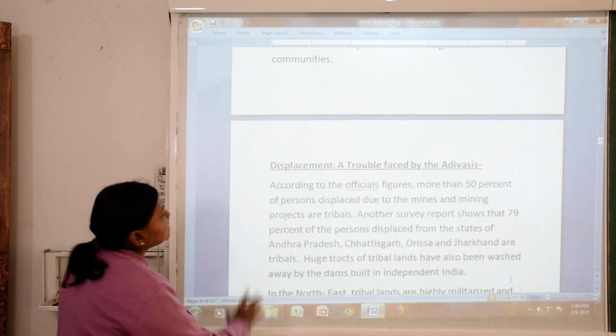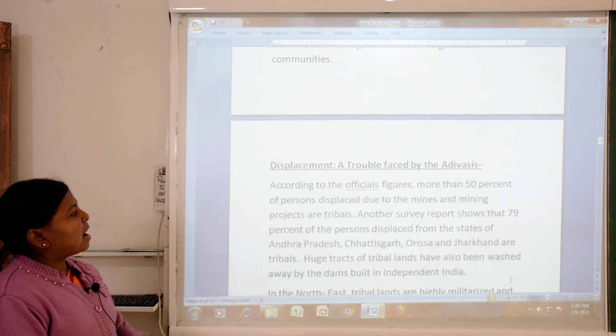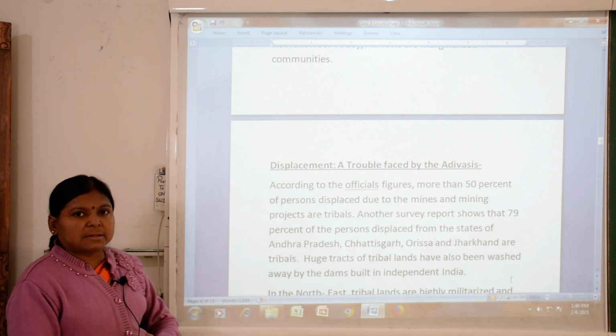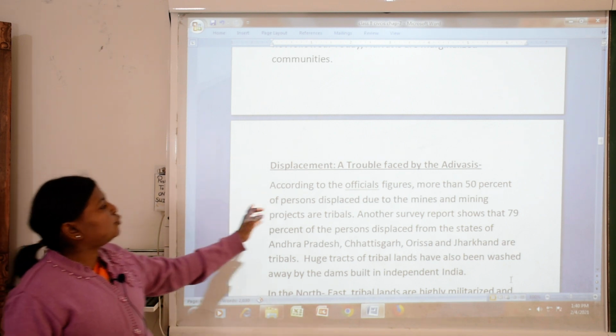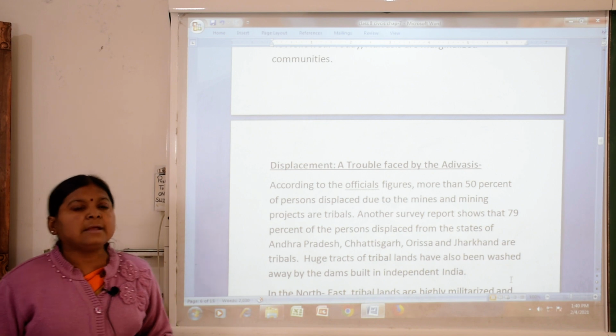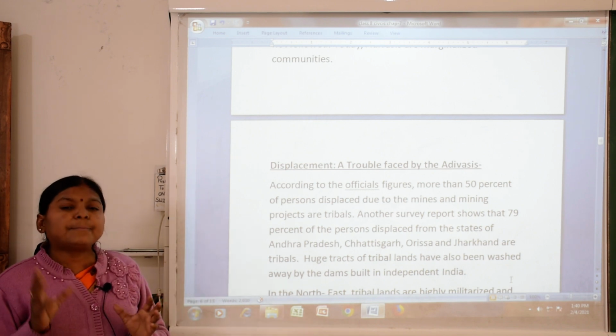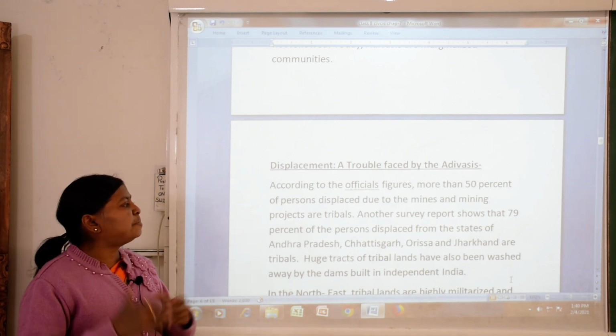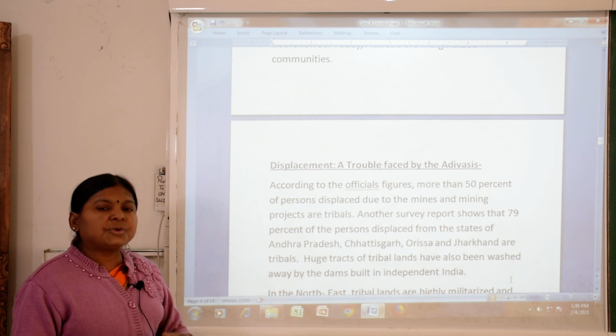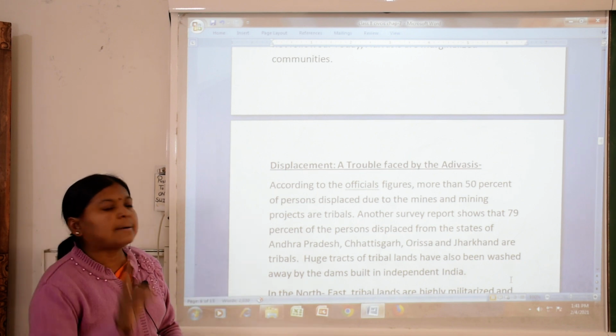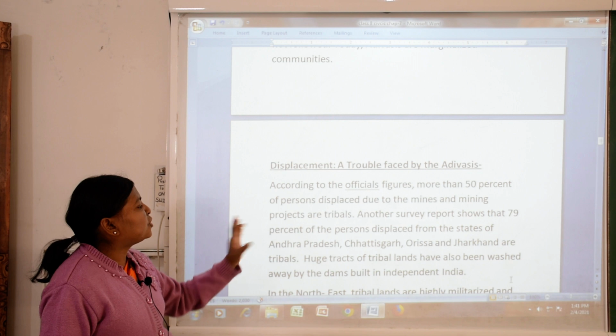Now, what are the reasons for the displacement, the trouble faced by these peoples? According to official figures, more than 50% of these peoples were displaced from their original place due to mining and mine projects.